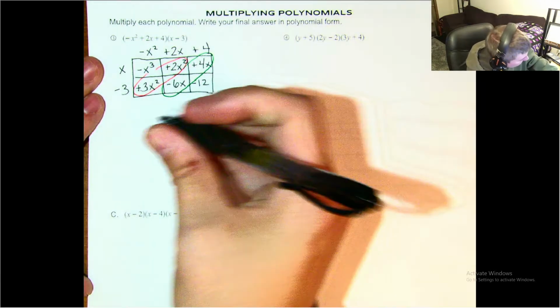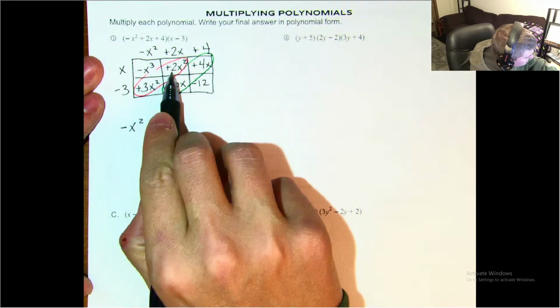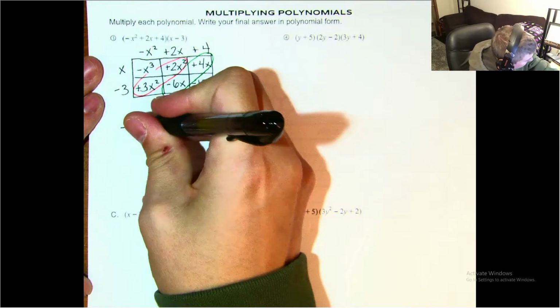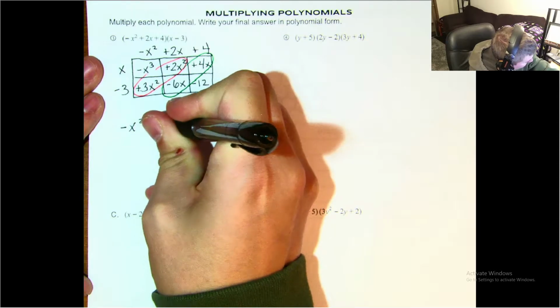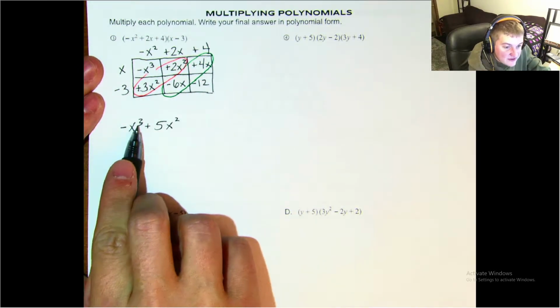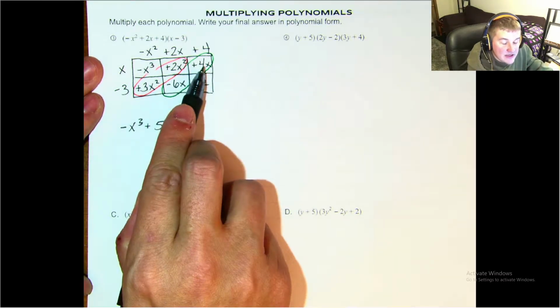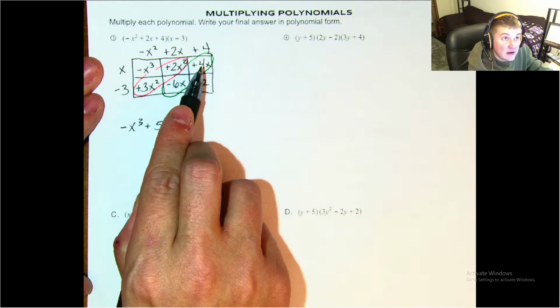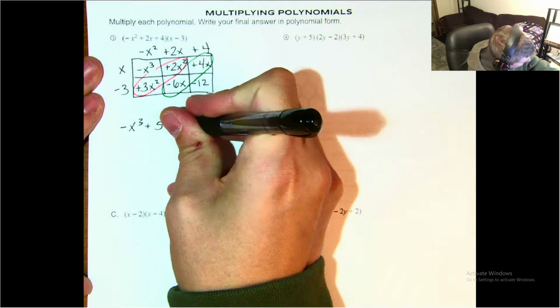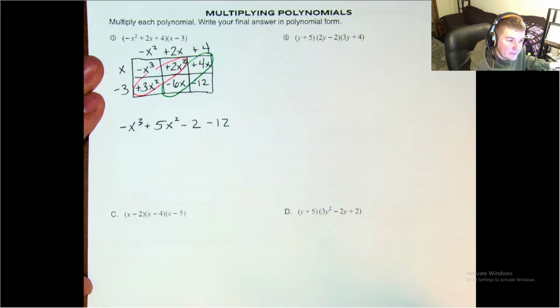Okay, so my final answer is going to be minus x cubed. 3x squared and 2x squared added together, that'd be 5x squared. Okay, I accidentally wrote squared here, but I did fix that to a cube because it should be cubed. Okay, negative 6x and positive 4x would be negative 2x. And then just negative 12. Okay, and that's basically how you do it.